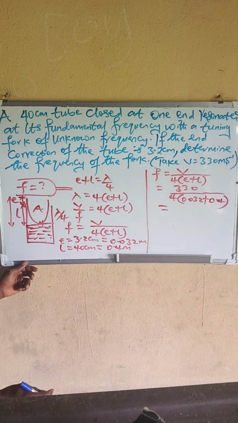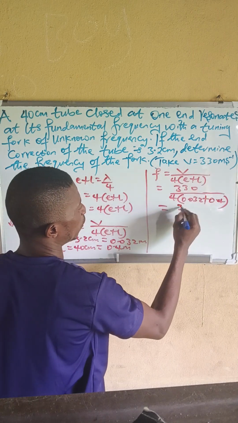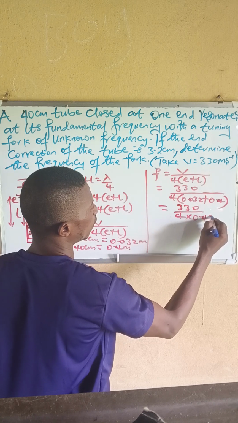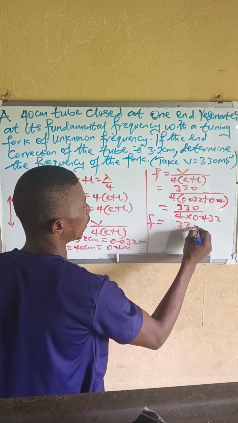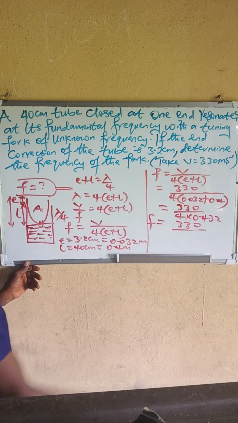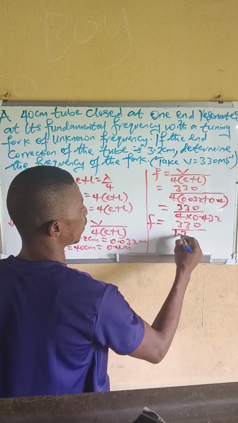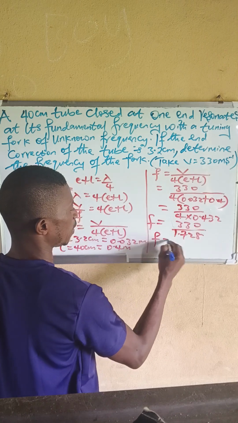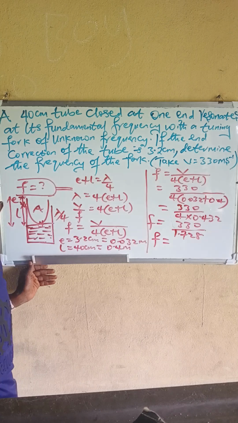By the time I add this and this, I'm going to have 330 over 4 times 0.432. So our frequency will become 330 over 1.728. If I divide this by this, I will get my final answer.